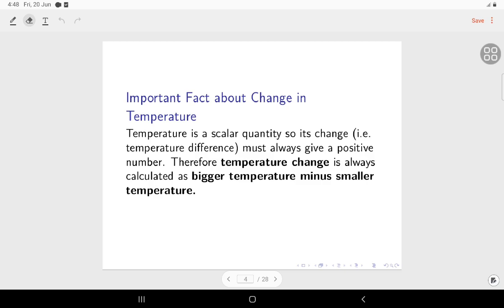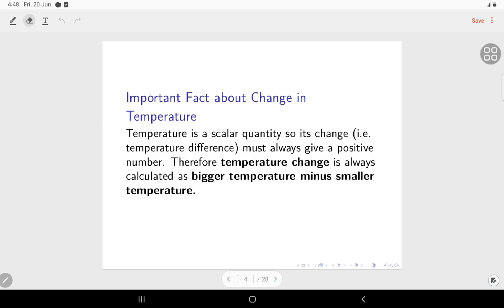Scalar quantities take absolute values. They take positive values. So anytime you are finding temperature change, always remember that it is the bigger temperature minus the smaller temperature. You don't find change in temperature and get negative. Take note of that. That is what we have on this page for you.